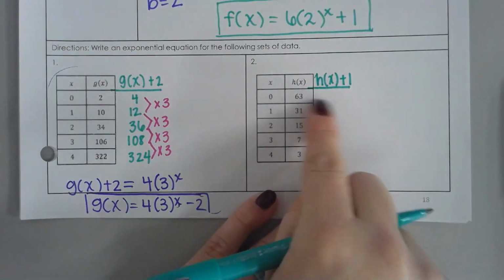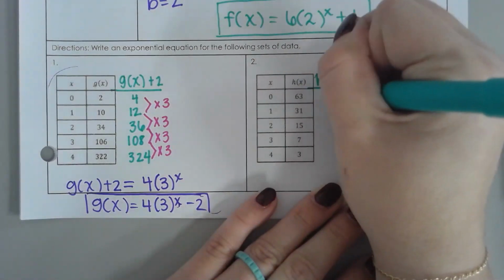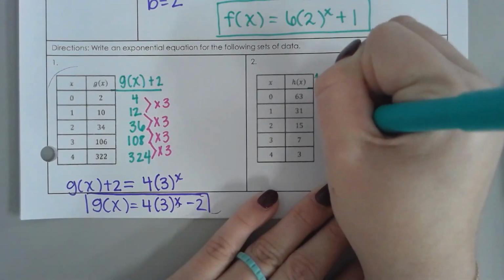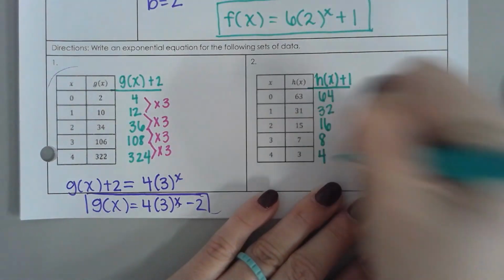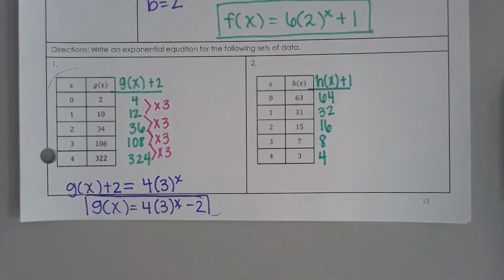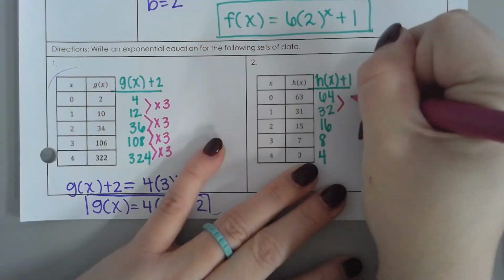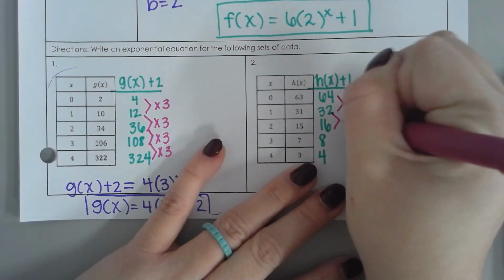If I add 1 to all of these y values, 64, 32, 16, 8, 4. What pattern is happening here? Times what? 1/2. Times 1/2. It's dividing by 2, which is multiplying by 1/2.